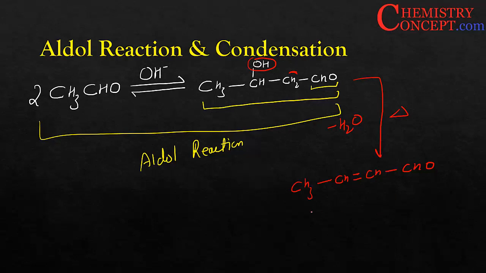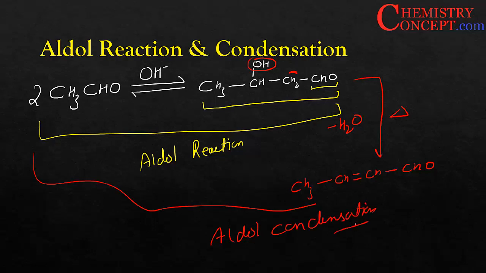After removing this water, if I go till this step, it is called aldol condensation. So without removing water, it's aldol reaction. After removing water, it is aldol condensation. Now comes the question: how can we do it ourselves?